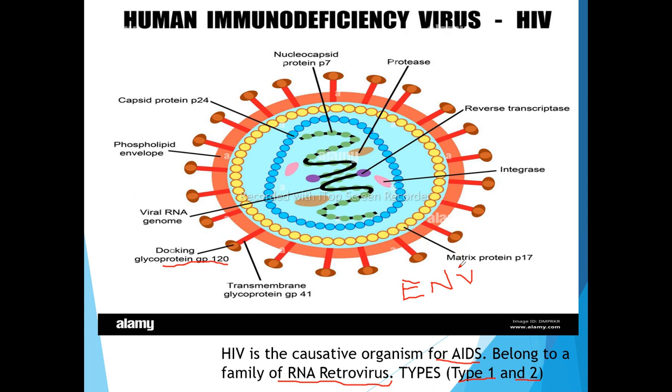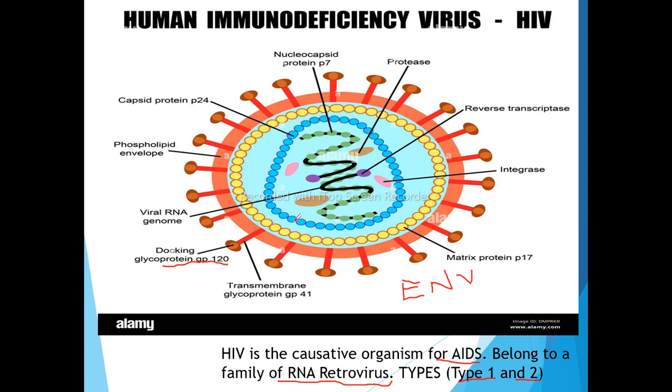We are not going to talk so much about this matrix protein, the P17, because it has not much clinical importance. Next to this matrix P17, as we go inside, there's a capsid.